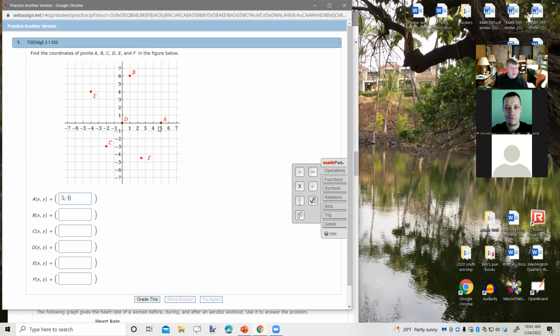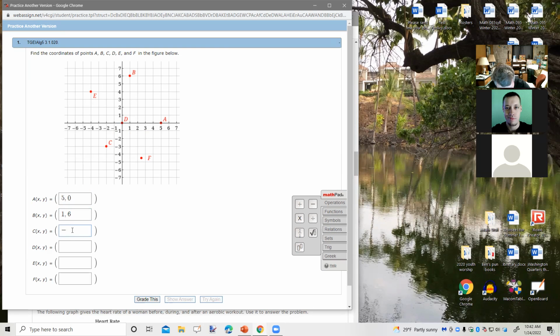So point A is at 5, 0. Point B is at 1, 6. So the X coordinate is 1, the Y coordinate is 6. Point C, the X coordinate is negative 2, the Y coordinate is negative 3. So negative 2, space, negative 3.